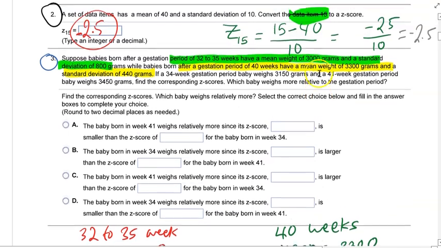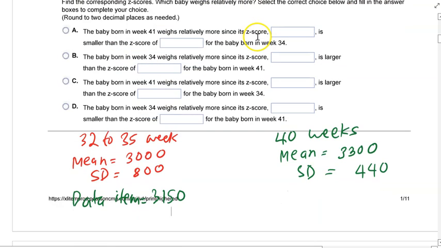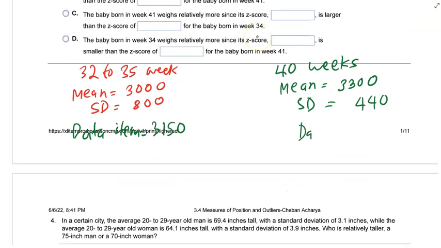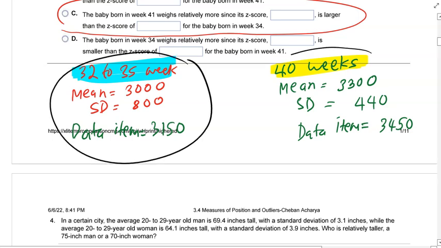And the data item for the second group of the data set is 3450 gram. Listen, the 41-week gestation period baby weighs 3450. Therefore, here the data item is going to be 3450.